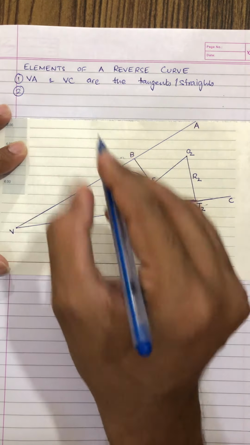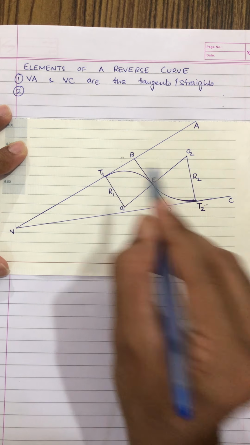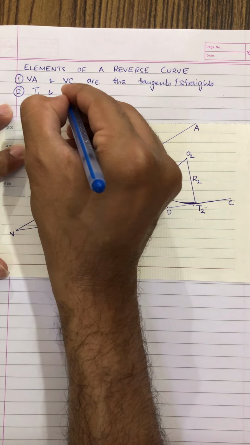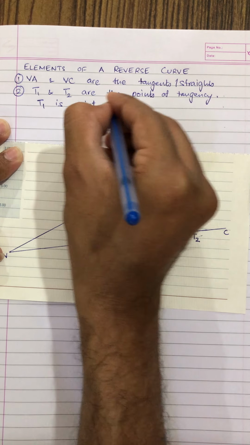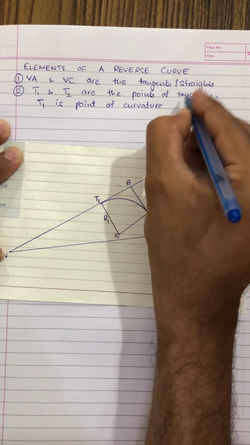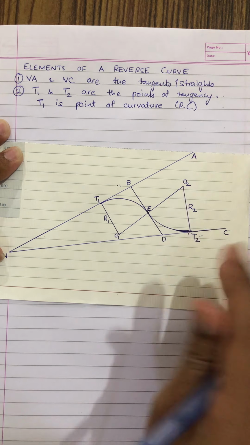Here, let us say that this is point T1, this is point T2. T1 and T2 are the points of tangency. Here, T1 is the point of curve, or you can say point of curvature, that is PC.